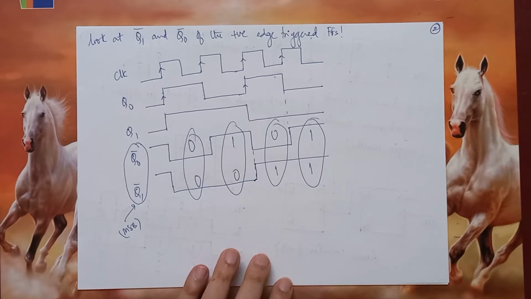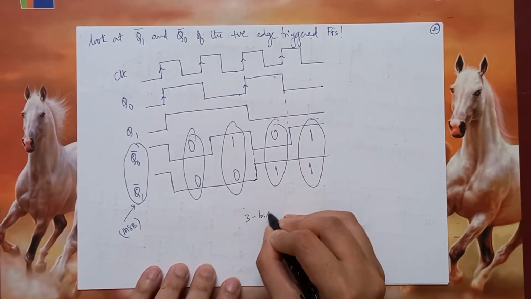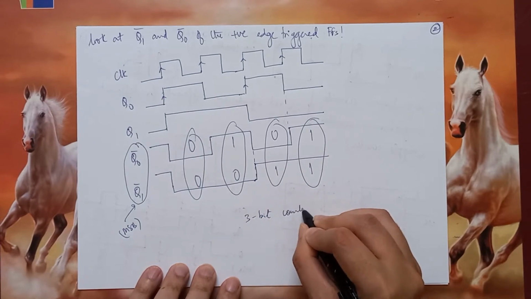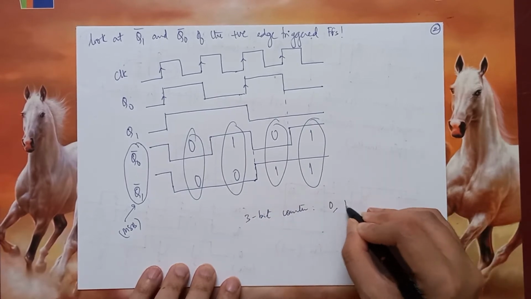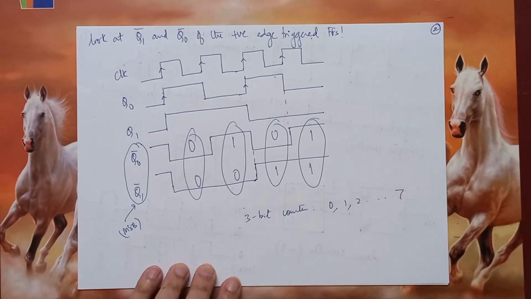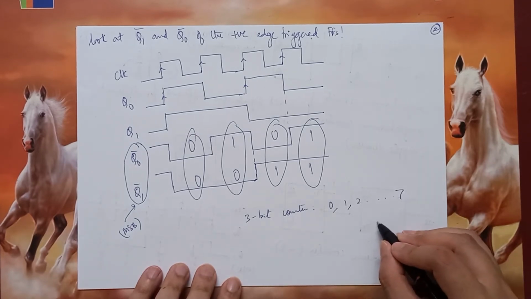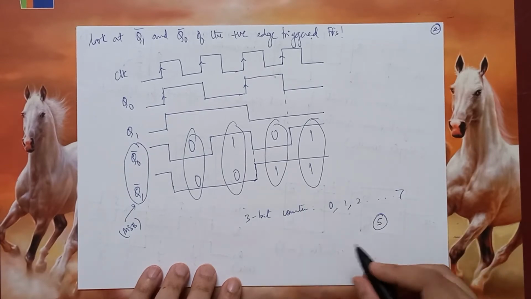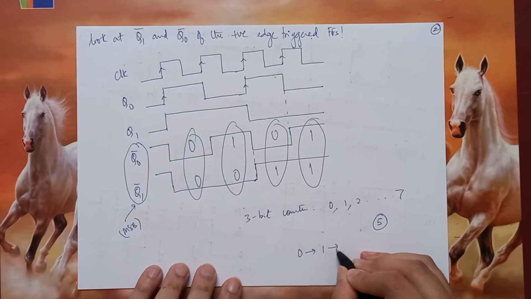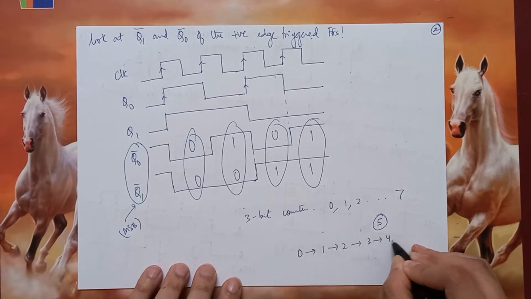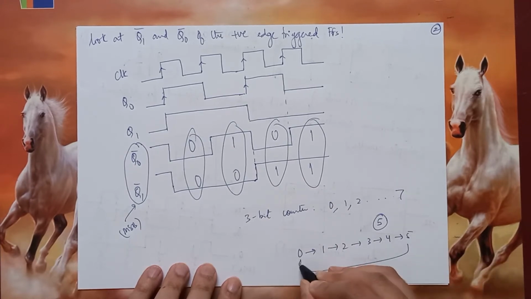Now, in the previous lecture, we had asked a question. Suppose I have a 3-bit counter. Normally it can count from 0, 1, 2 all the way till 7. Now suppose I want to use the same circuit to count up to 5. That is like saying it will go from 0, 1, 2, 3, 4, 5 and then again back to 0.